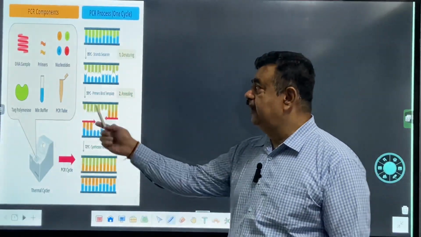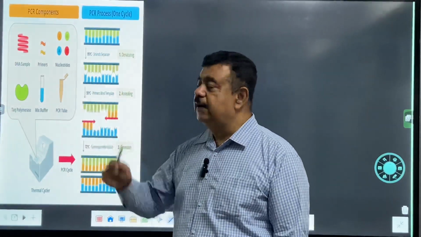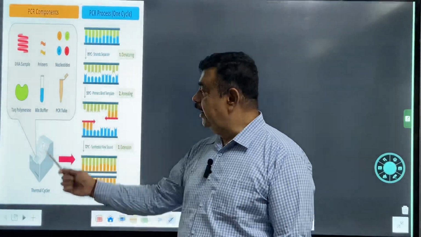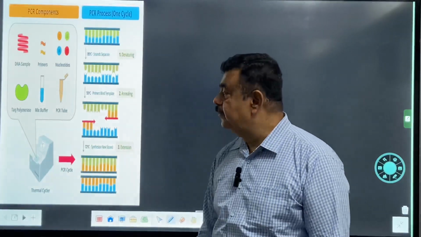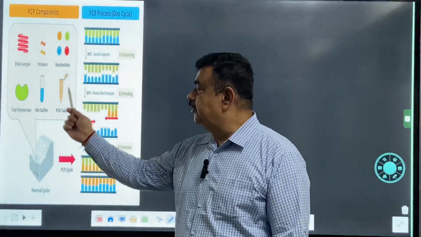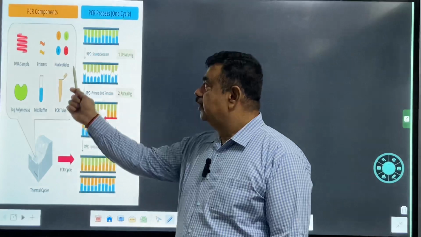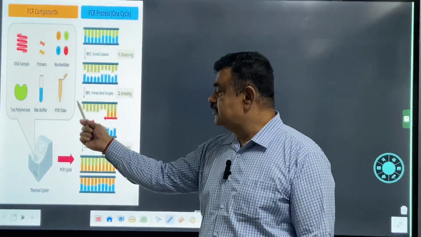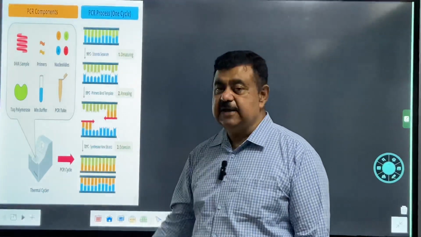If you see carefully, it is a DNA sample, second is the primer, nucleotides, Taq polymerase, that is a special type of DNA polymerase enzyme, mixed buffer, and the PCR tube. Now, this PCR tube carries all these components and they are placed in a machine that is called a thermal cycler.